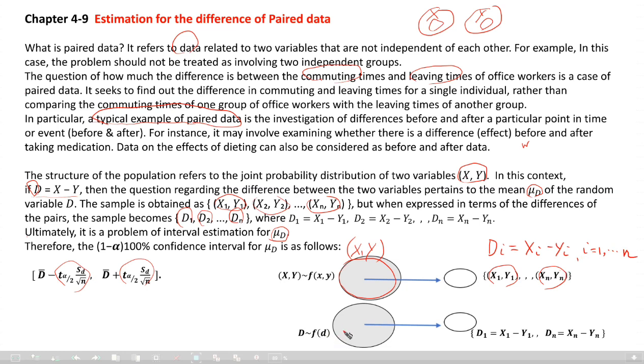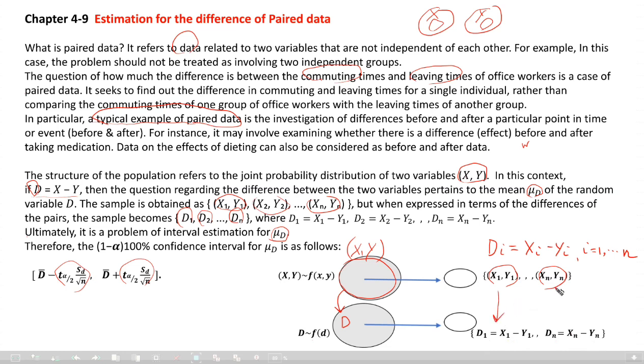the population becomes this way, D, a one population problem. So there is the random variable D, and its probability distribution is f of D. And the resulting sample will be D1 equals x1 minus y1, up to Dn equals xn minus yn.